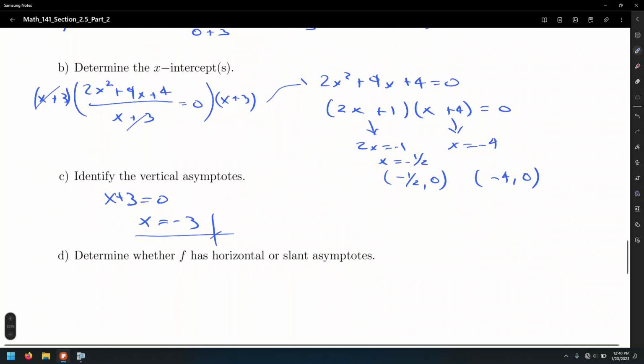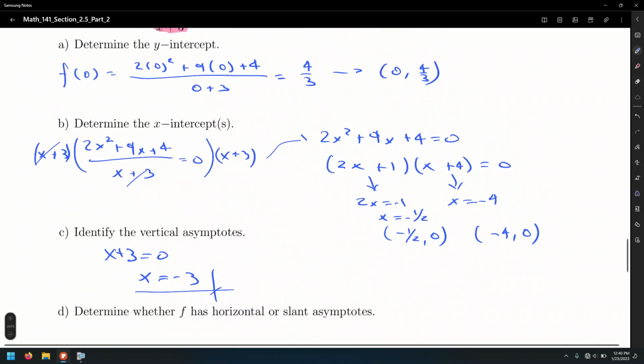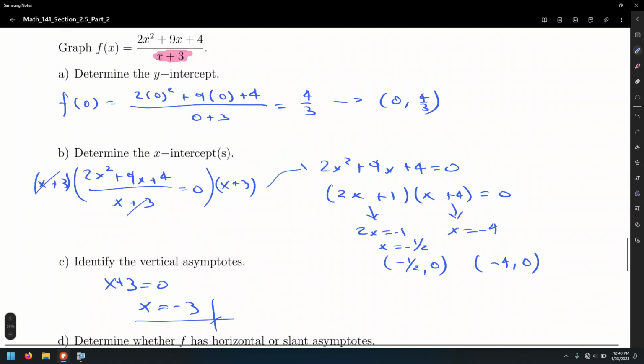Horizontal asymptote, slant asymptote, or none of them? Let's observe the form of the function. In this case, again, polynomial over polynomial, but we happen to have the situation in which the degree in the numerator is higher than the degree in the denominator.